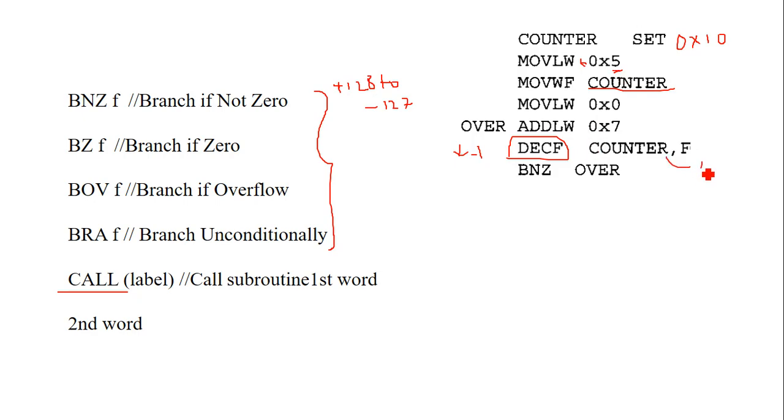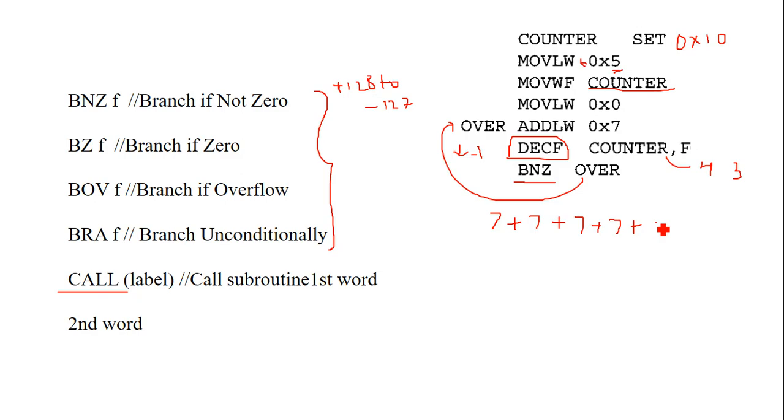Now if decrement, and branch if not zero to over, then it adds 7 plus 7, then again it decrements, it comes to 3, then 7, like that it is adding 7 almost 5 times.